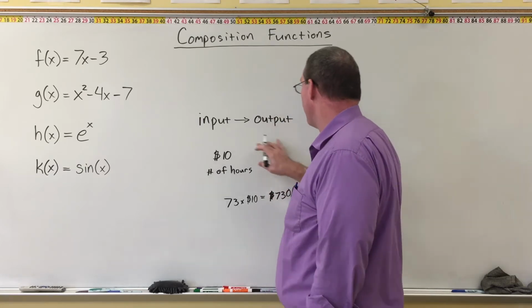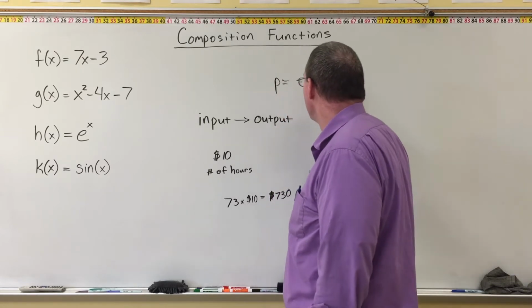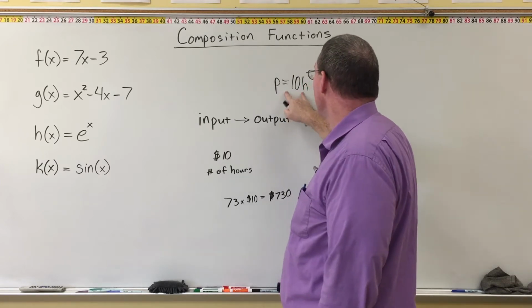The function for this would be that the output, which is your paycheck P, is equal to $10 times H, the number of hours. So this is a linear function.